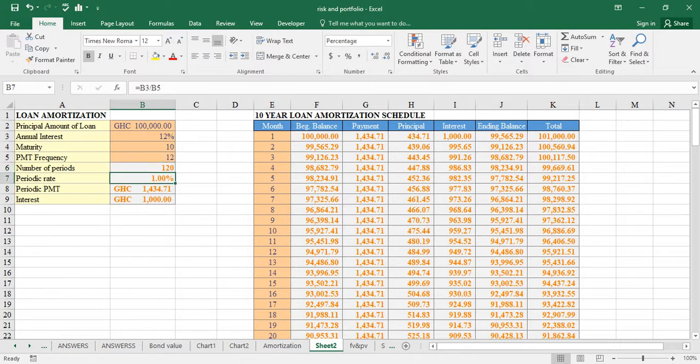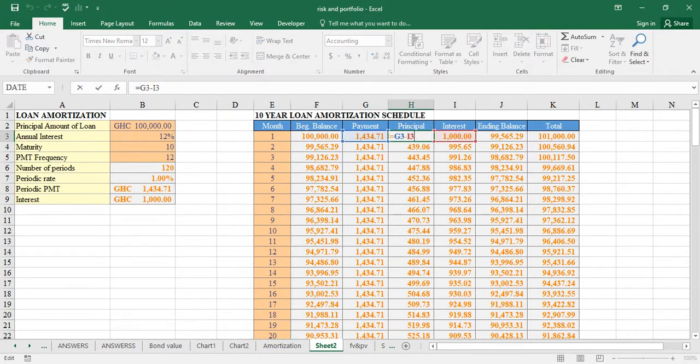We estimated our periodic rates by dividing the interest rate by the payment frequency, and then we used the PMT function to estimate our periodic payments. For the interest, we multiply the periodic rate by the loan amount, and then we estimated our payments. We just referenced it here.